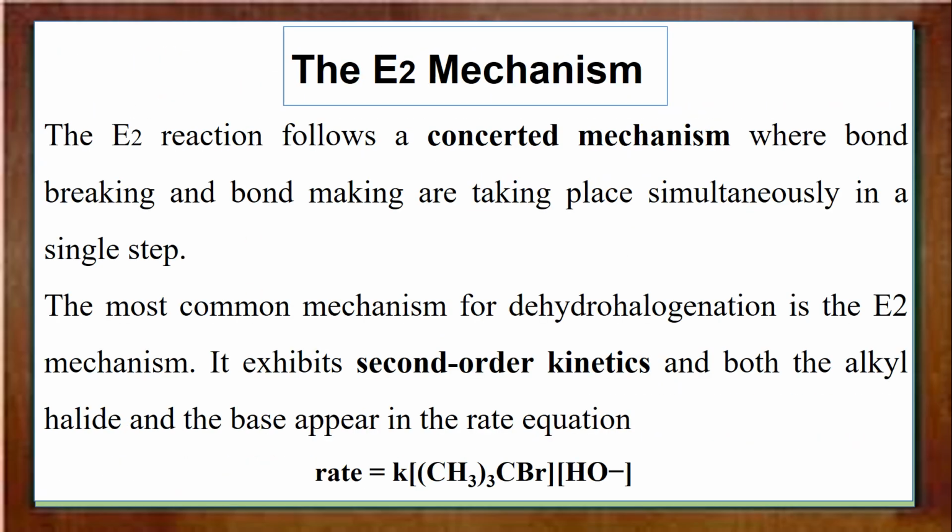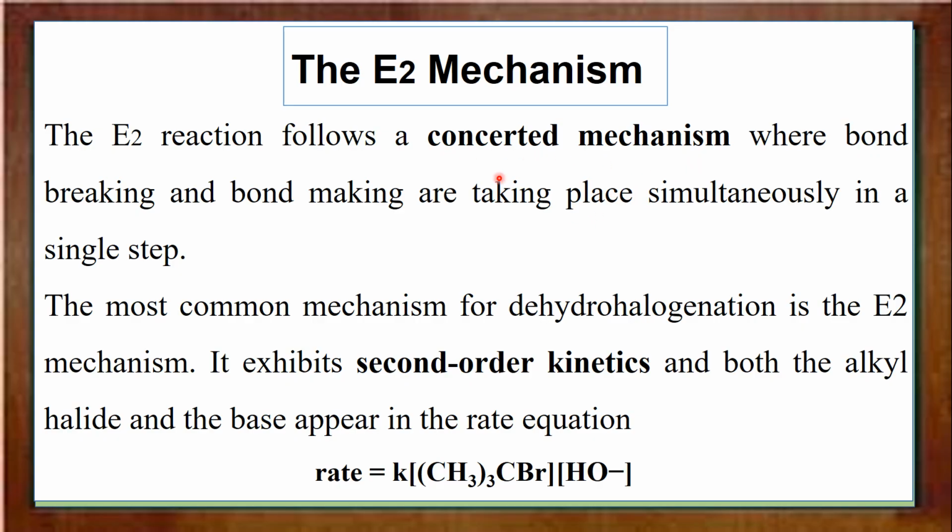Another pathway through which beta elimination is taking place is the E2 mechanism. This E2 elimination reaction follows a concerted mechanism where bond breaking and bond making are taking place simultaneously in a single step. So the E2 mechanism is a concerted mechanism. It is a mechanism which takes place in a single step.